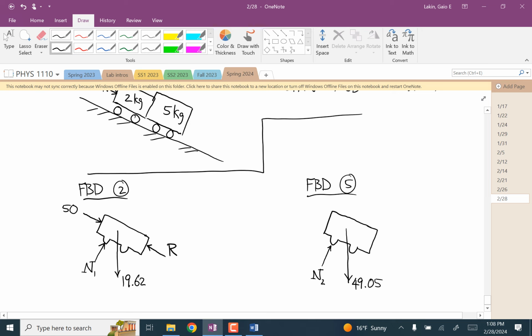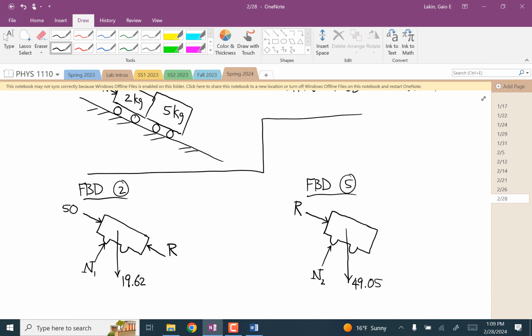They have different magnitudes. And then go around the boundary until you get to anywhere else there's contact. This is being pushed on by the 2 kilogram. And so the rules say perpendicular to the surface, toward the chosen body. And since this one is a contact between these two bodies, it has to have the same variable name that it did over here. So even though those two are in opposite directions, they have the same magnitude, the same variable name.